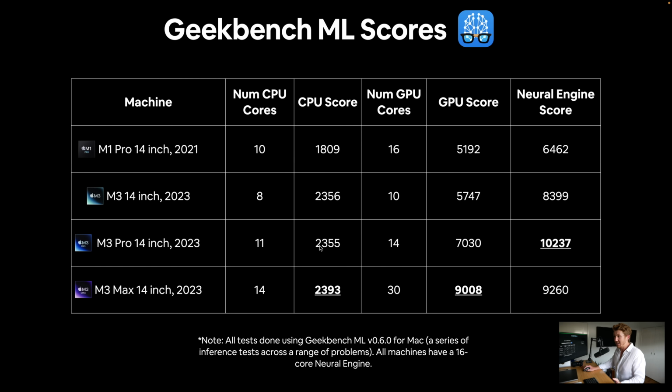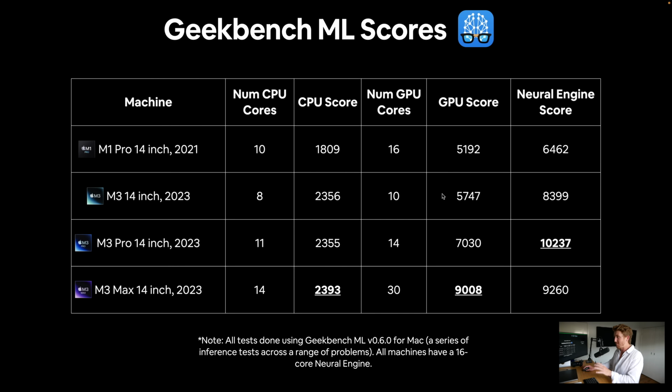So as we can see here, the M3 Max has the highest CPU score. The CPU scores here weren't actually that different across the board from the M3 series. They're within 50 points of each other, despite the fact that the M3 Max has 14 cores versus the M3 having 8 cores.